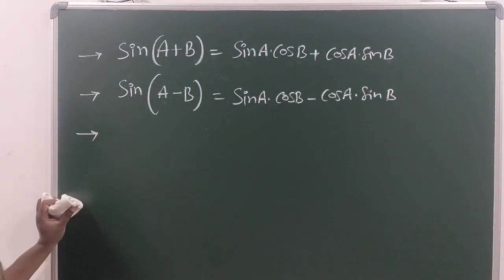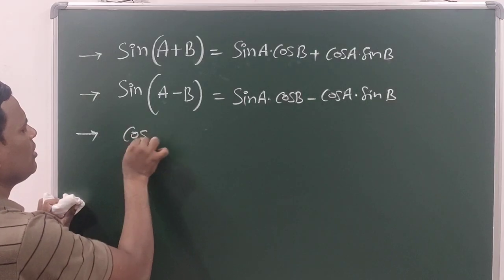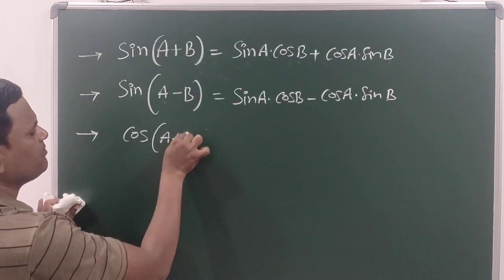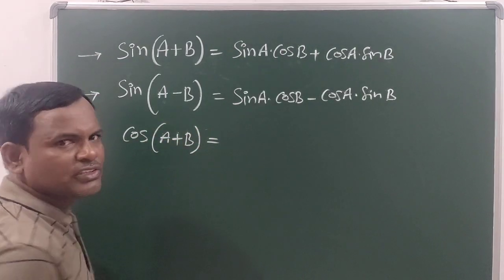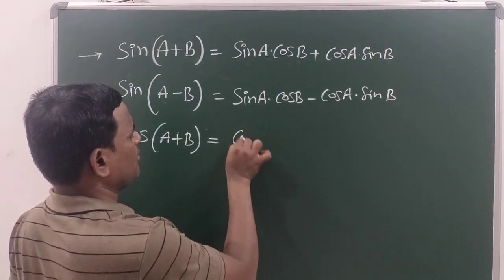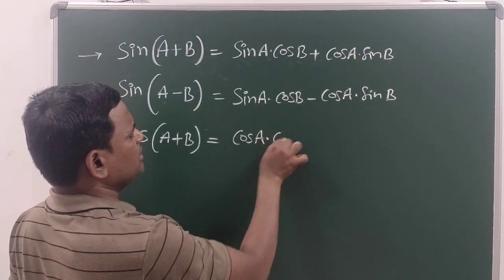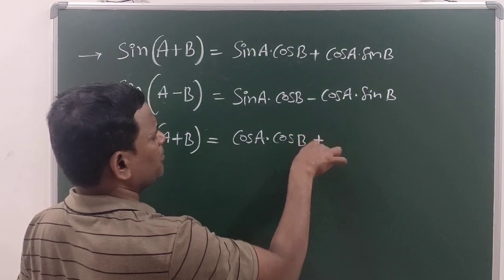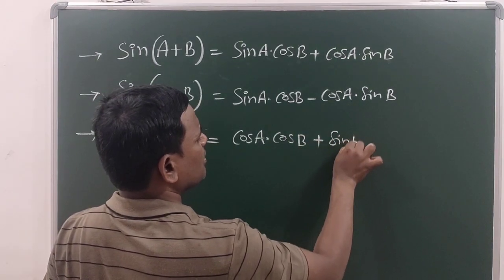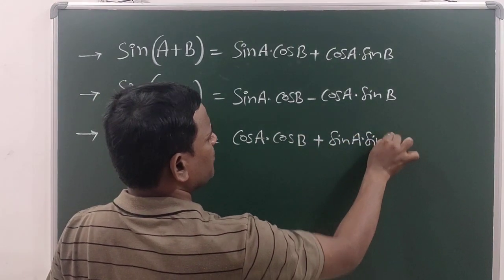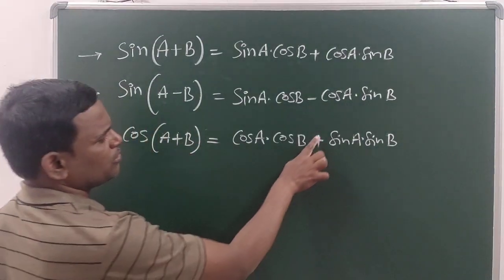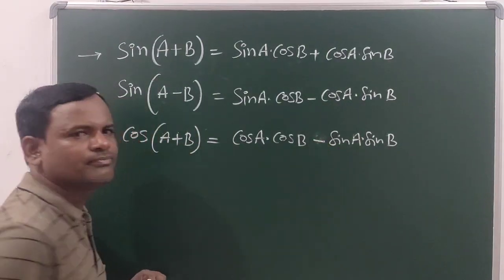Next, cos of A plus B, which is equal to cos A into cos B plus sin A into sin B. So here plus, here minus will come.